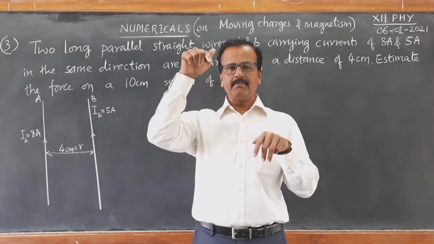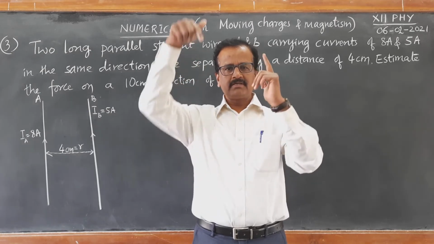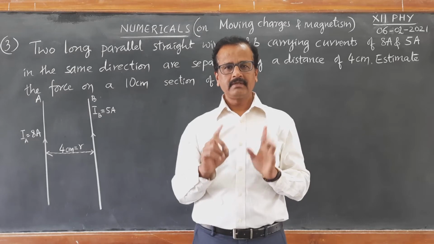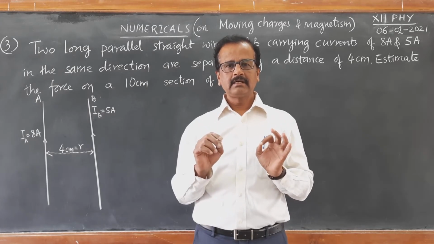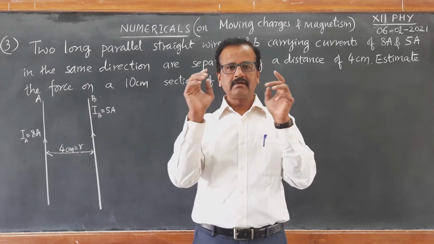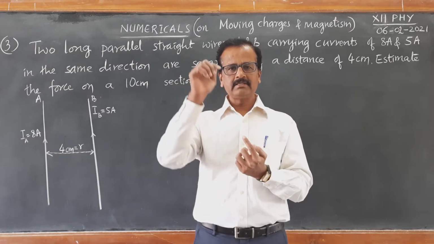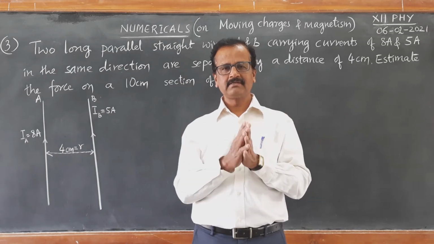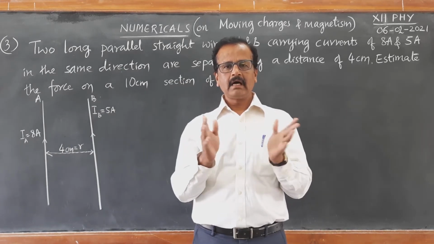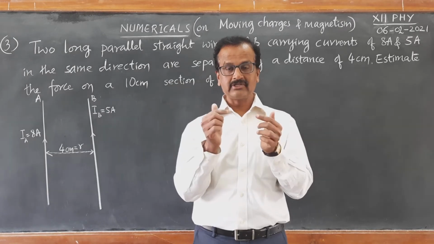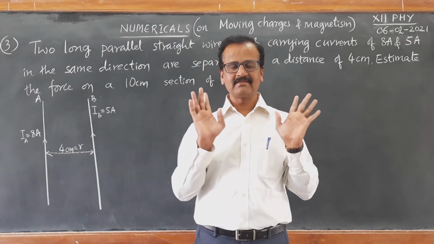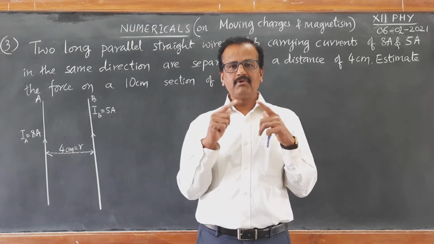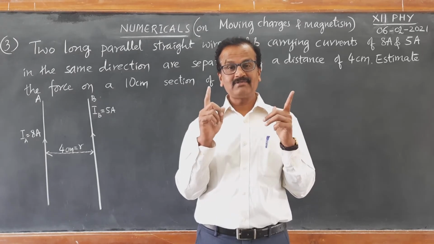If the currents are in opposite directions, they repel each other. Like currents attract each other, unlike currents repel each other. This is just the reverse of poles: like poles repel each other, unlike poles attract each other.